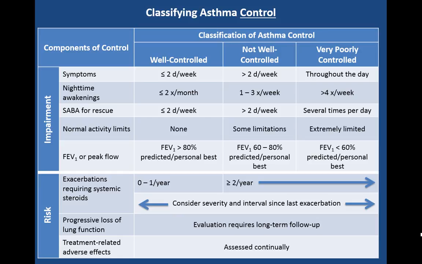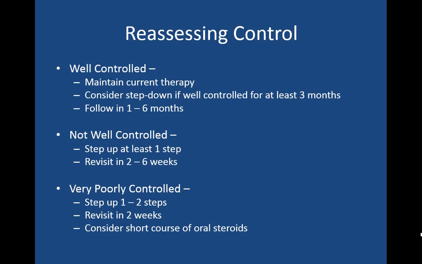So like I said, you guys need to know these 4 things that indicate a patient is well controlled with their asthma. And so if they're well controlled, you're going to maintain current therapy. You might consider stepping their therapy down, okay? So you might say, okay, well, they're on a medium dose steroid. I might try to step back down to a low dose steroid and minimize their exposure and see if I can maintain that same level of control.